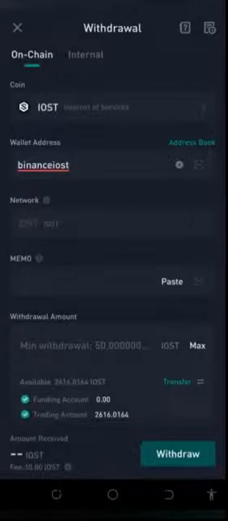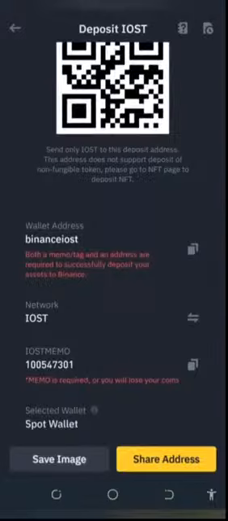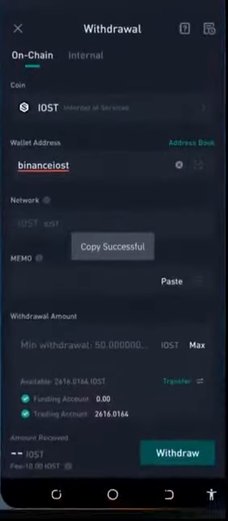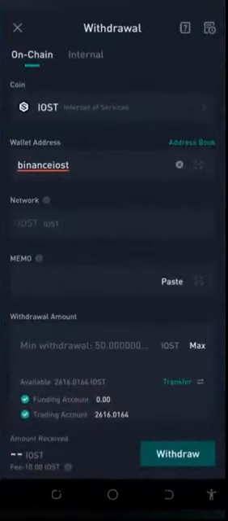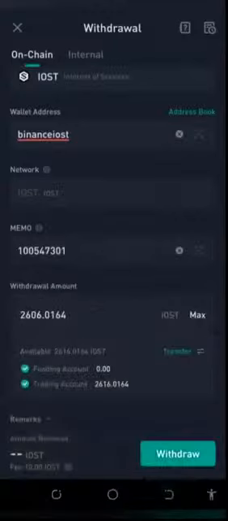Binance IOST. Okay, then we get the memo. Where's the memo? IOST memo. All right, so we get the memo. Get back in there, and we paste the memo. Good. So it looks like everything is going on well. Then we pick max.